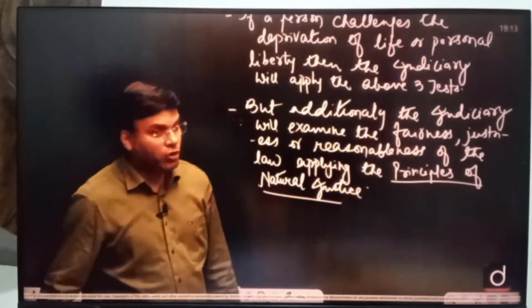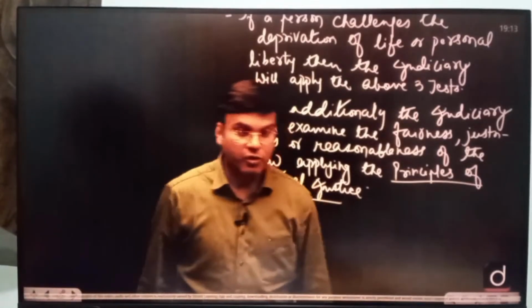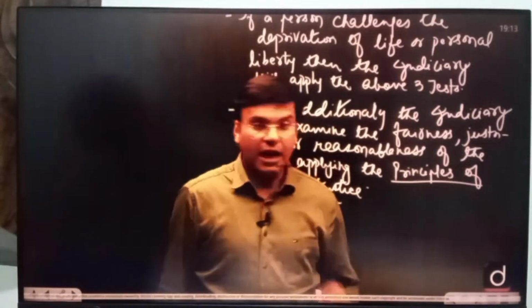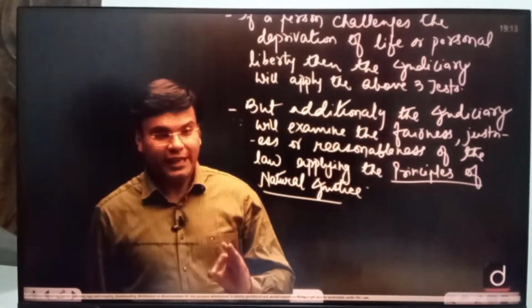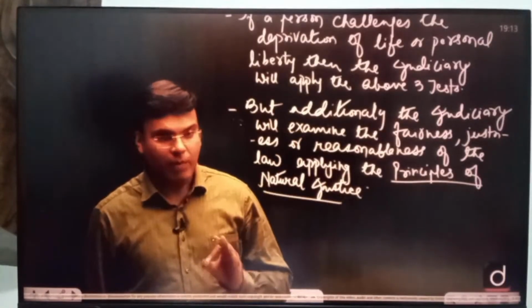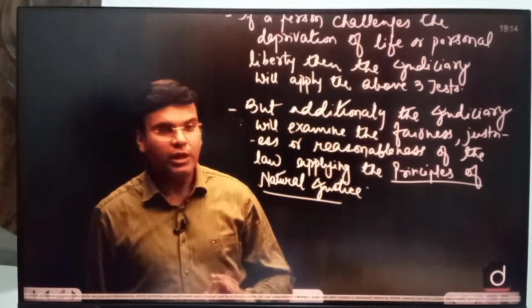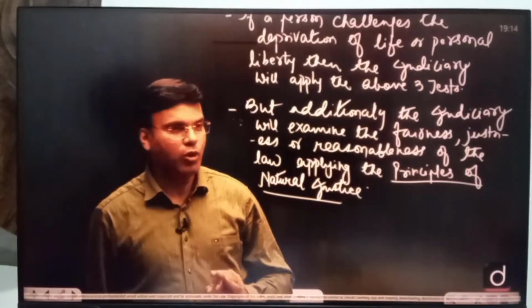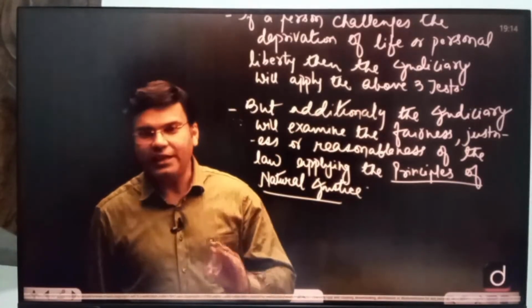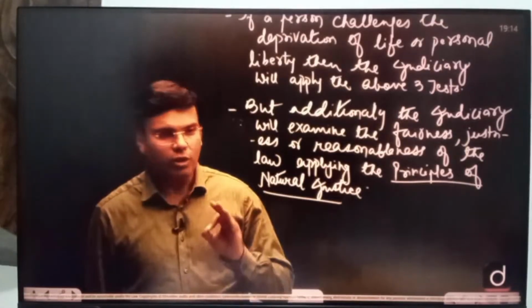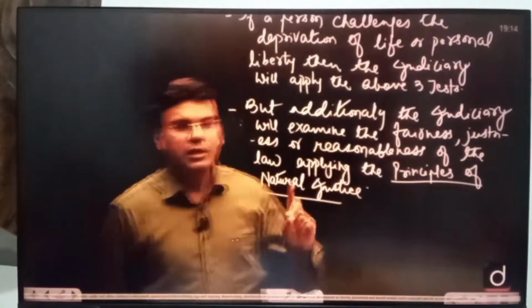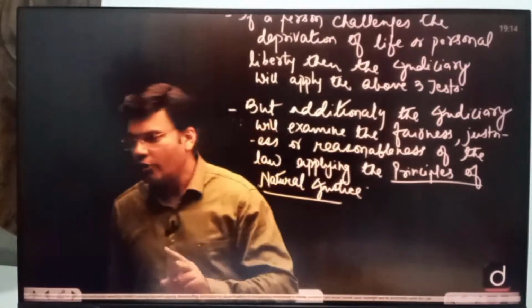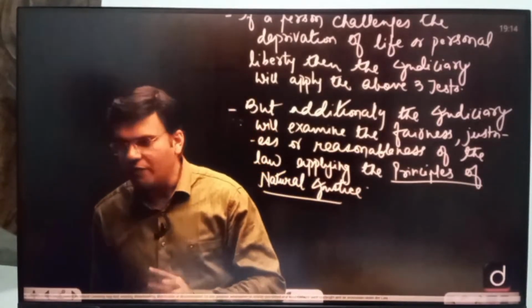The American courts operate on the principles of due process of law, and in Menaka Gandhi case, when the Supreme Court gave relief to Menaka Gandhi about impounding her passport and not allowing her to travel abroad, then that was a fine case where the Supreme Court also invoked the doctrine of due process of law, especially in addition to the doctrine of procedure established by law which prevails in our constitution.